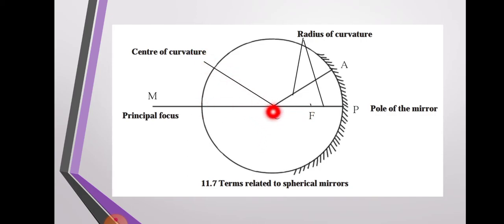Center of curvature. And R, radius of curvature. Here you can see CA and CP are the radius of curvature. And F is what? Here you can see focal length, and this is the principal focus. So these are some terms related to the spherical mirror.